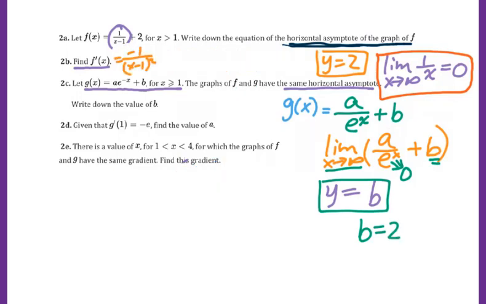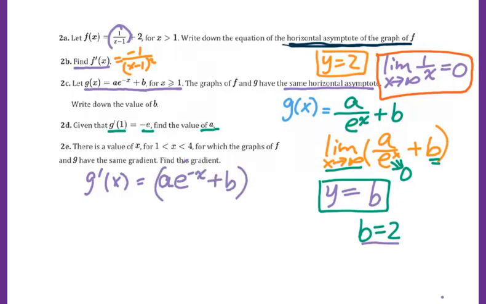Now let's go to 2d. Given that the derivative of g at 1 equals negative e, find the value of a. We already know b equals 2. Therefore, we do the derivative of g(x) equals a e to the negative x power plus b.